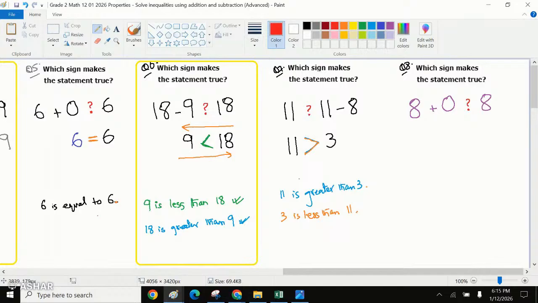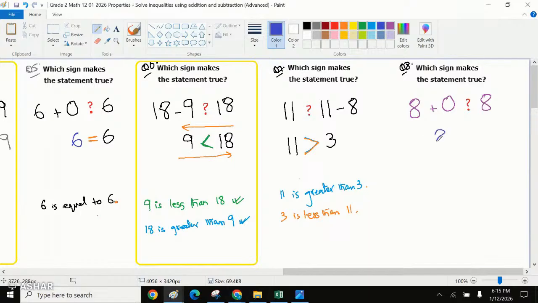What is 0 added to any number? When 0 is added to any number, or 0 is subtracted from any number, 0 means nothing, right? Empty. That means when we add 8 plus 0, it will still stay as 8.